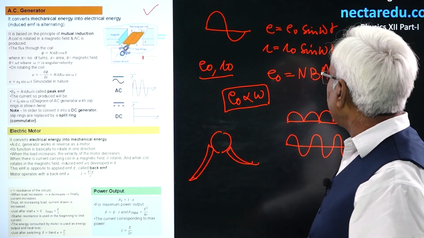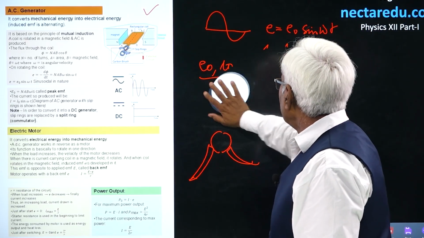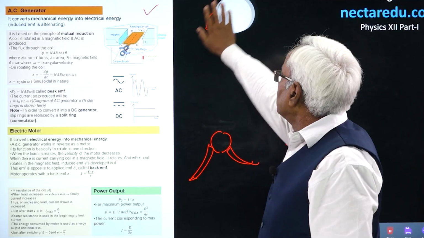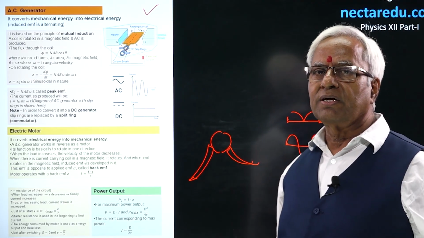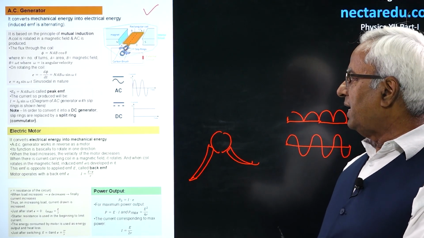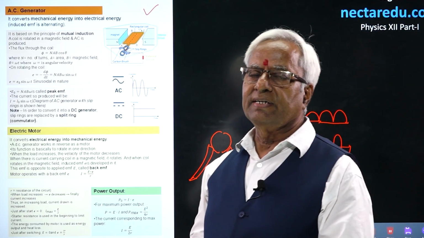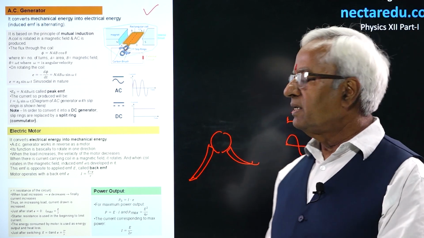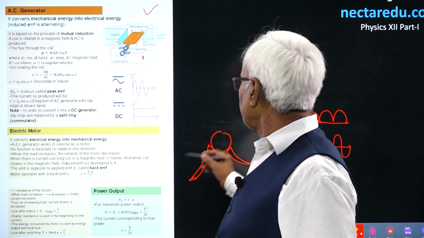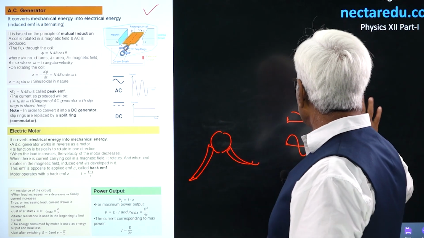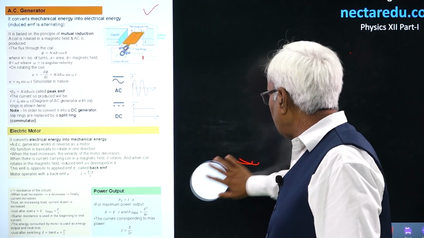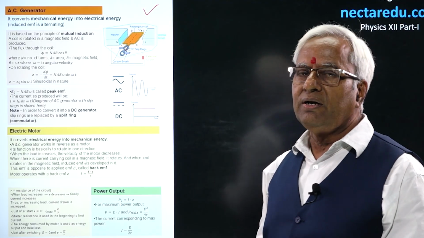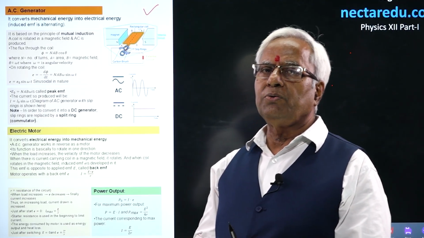Now, what is an electric motor? Very simply, we can define it as a DC generator working in the reverse direction. An electric motor will convert electric energy into mechanical energy. It works on the principle that when the coil rotates in the magnetic field, EMF will be produced.